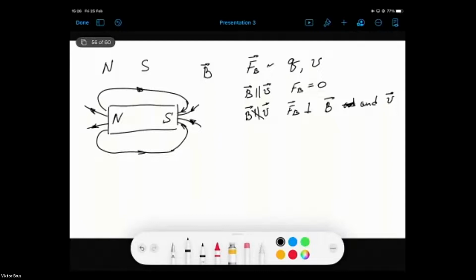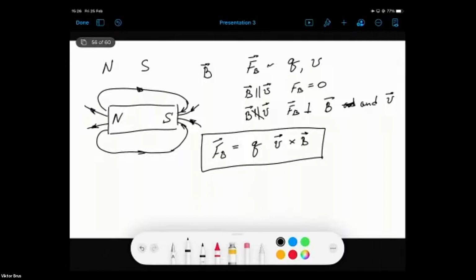Summarizing all these features, it is possible to write the general equation which describes this magnetic force vector: the magnetic force vector is equal to the electric charge times the vector product, the cross product, of the velocity vector and the magnetic field vector.